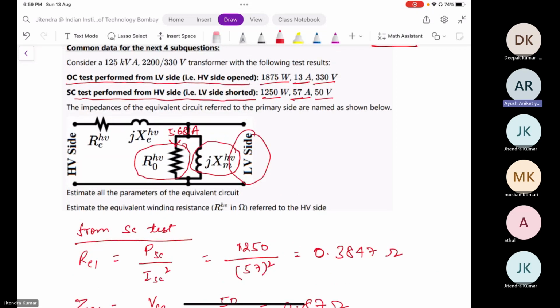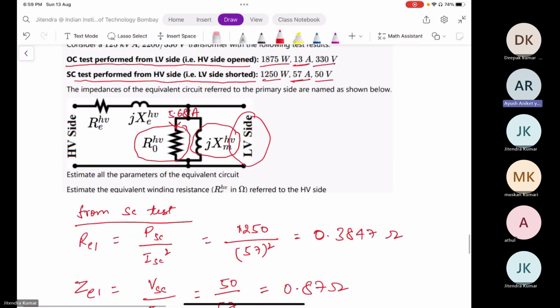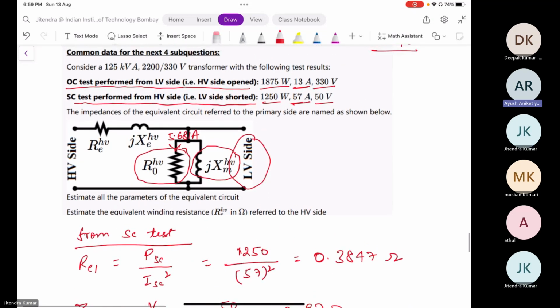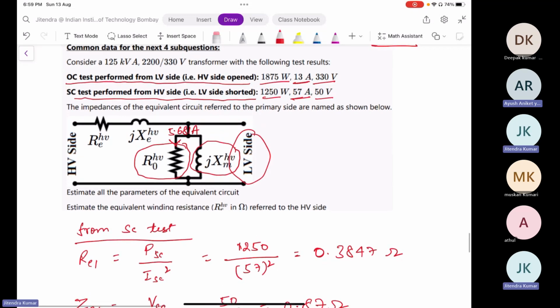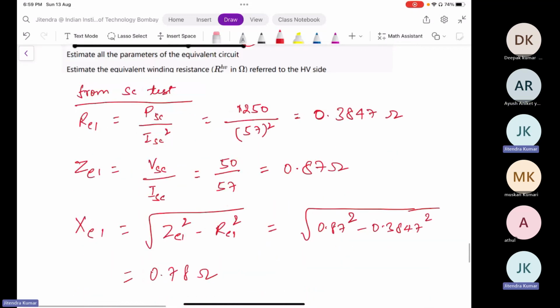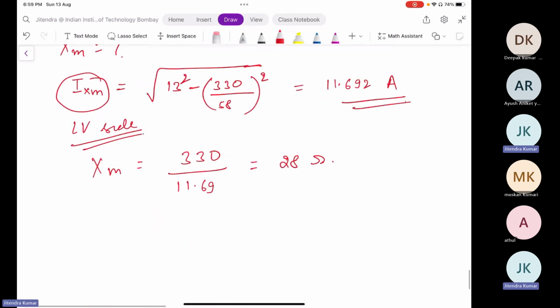Sir, to find out the XM, I have a different approach, sir. Wait, just a minute. So we have computed this XM from the LV side. Just wait for a minute, I will give you a chance to speak. First, let us complete this problem.